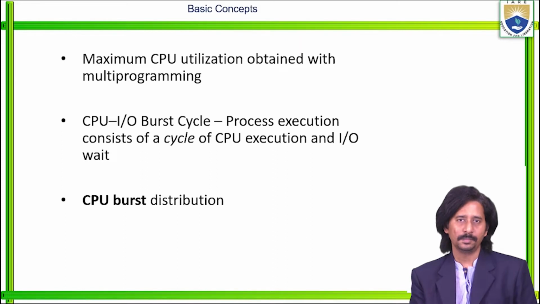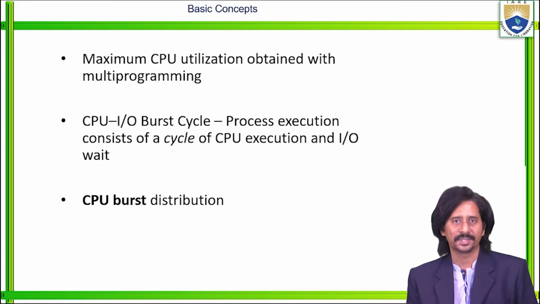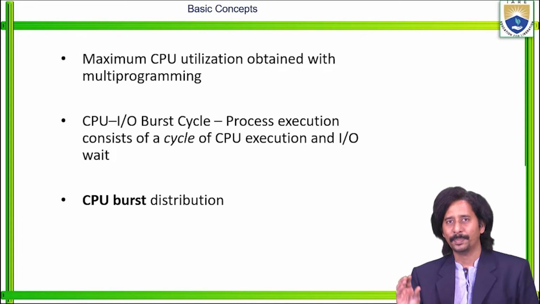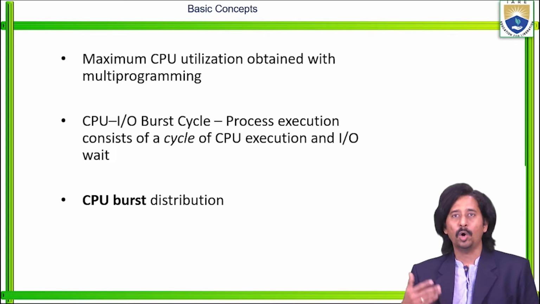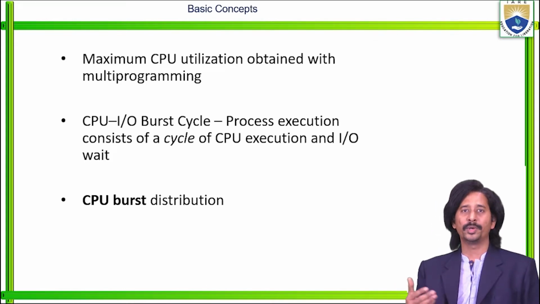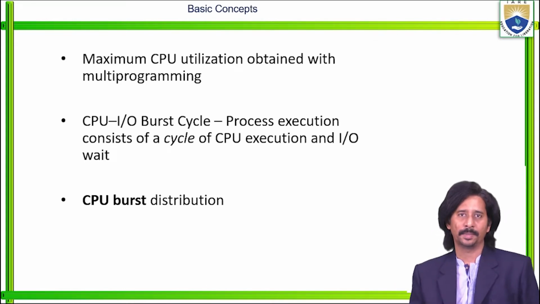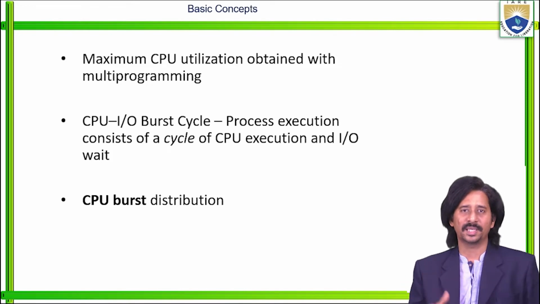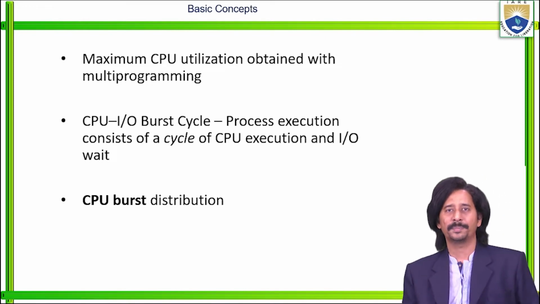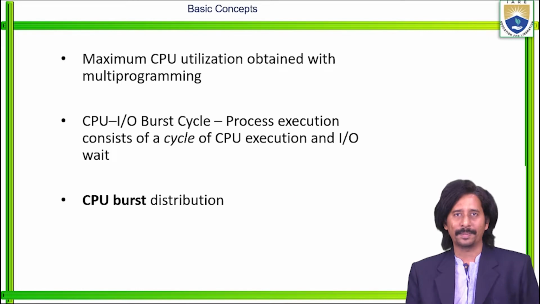Consider the capacity of a processor like the Intel Pentium 7 with 3.6 gigahertz, which means that processor is capable of executing up to 3.6 gigahertz. That is the main aim: always maximize the processor utilization. That is obtained only with multi-programming.